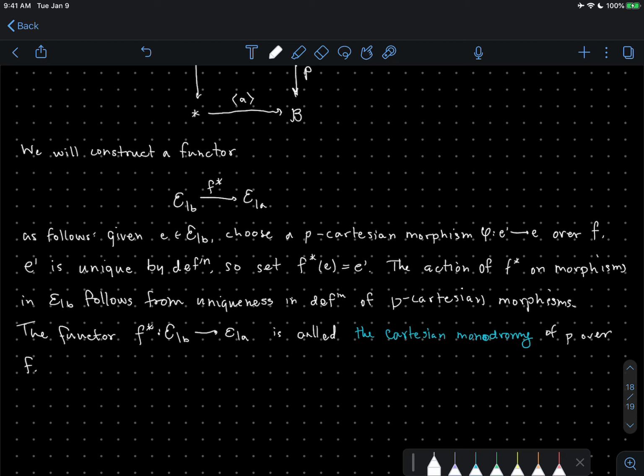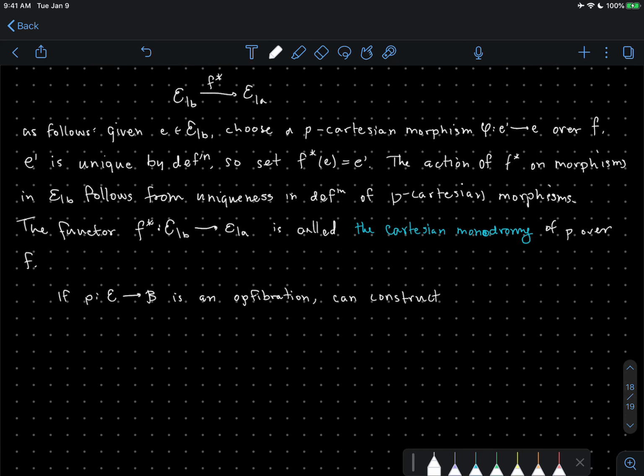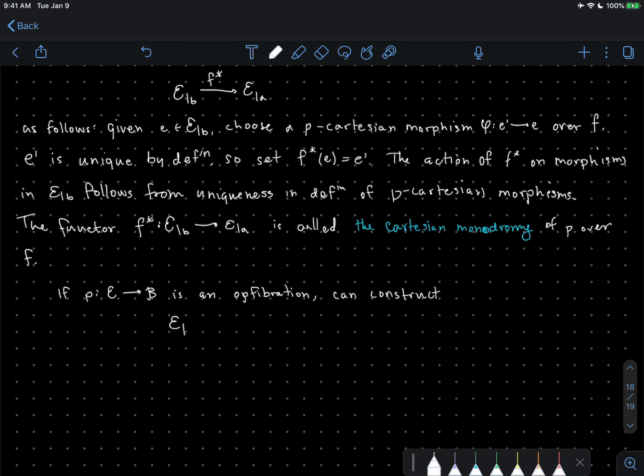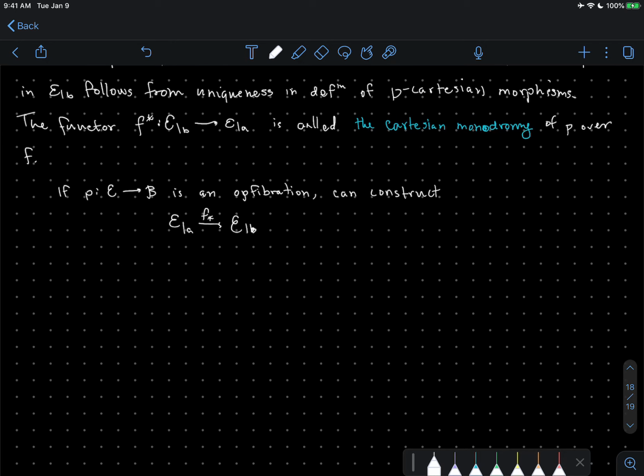So similarly, if P is an op fibration, we can construct a functor I'll call f lower star. Maybe it should be better called f lower shriek. If somebody knows, please leave a comment. All right, but this goes from the fiber over A to the fiber over B. So we can construct that, called the co-Cartesian monodromy.